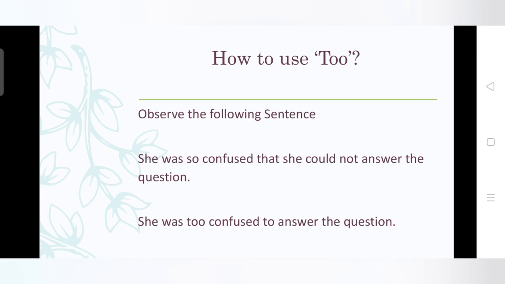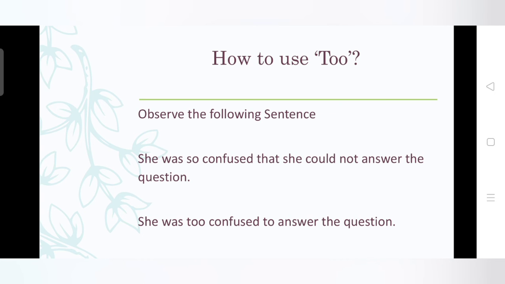I shall remove these four words to use to. The main verb is answer. I should write down to before the main verb, before the infinitive answer. So I have put to before answer, then write down all the remaining words. This way the sentence will be, she was too confused to answer the question.